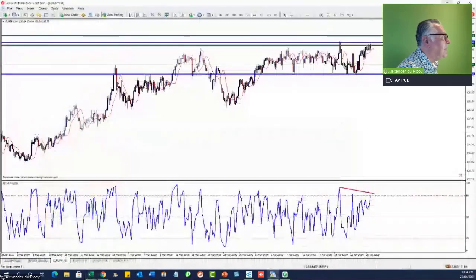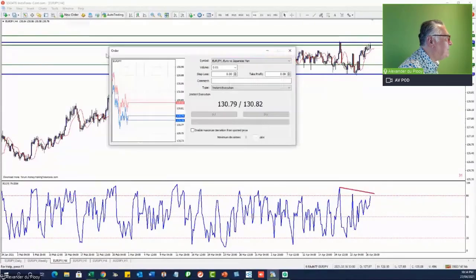Yes. So let's do it. Now, this is going to be interesting. It might reject this order, but let's just have a look. So we are going to go 16.4. We're going to sell the euro yen, and let's put a stop in.